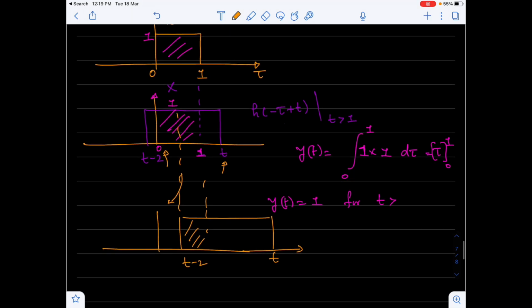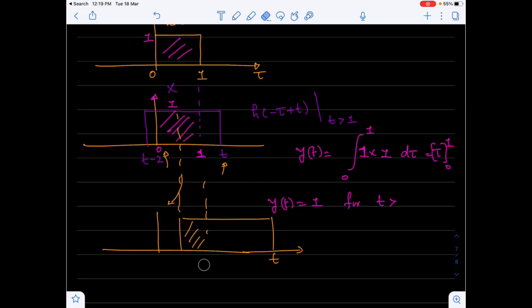So our situation is valid until the point, this is t and this is t minus 2. When t minus 2 reaches 0, no issues, but when t minus 2 crosses 0, everything will change.